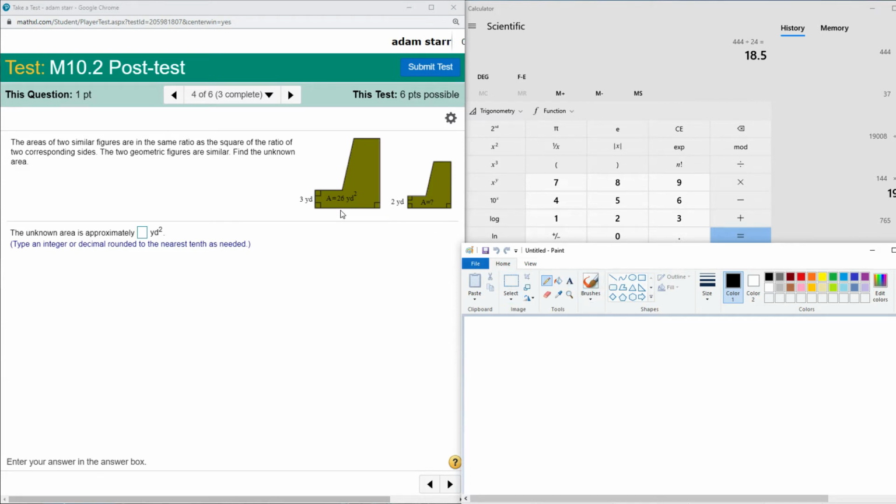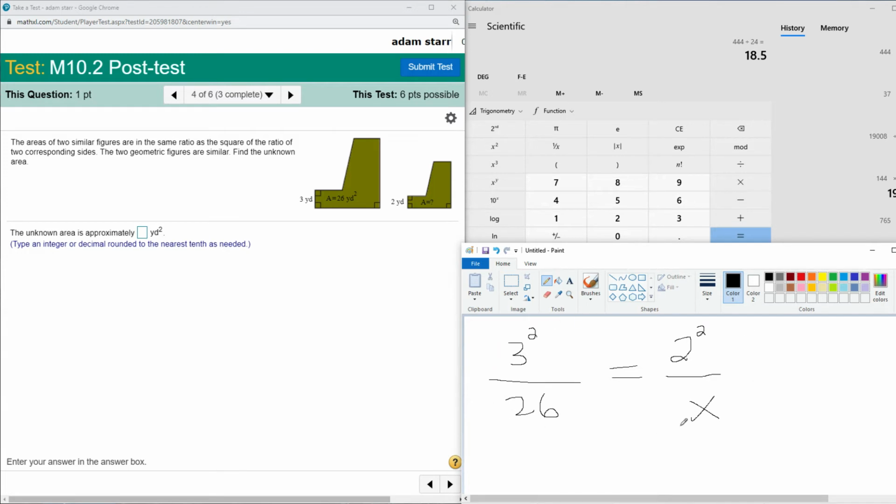So this ratio here is going to be the side to the area. But it says to square the side. So I'm taking the first side 3 and squaring it. So 3 squared is to the area of 26 as the similar figure, which has a side of 2, but I have to square that, is to the area that's unknown.